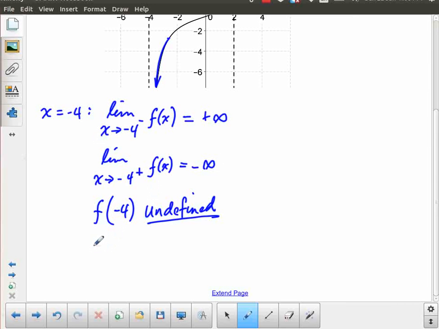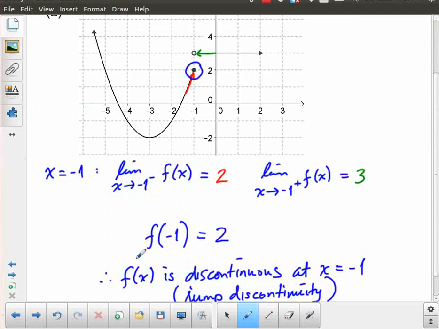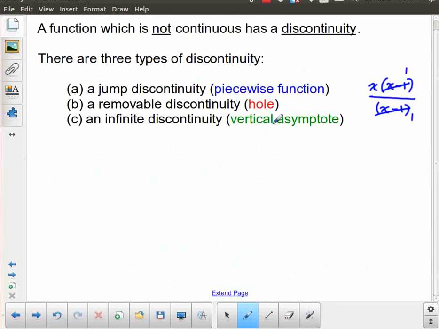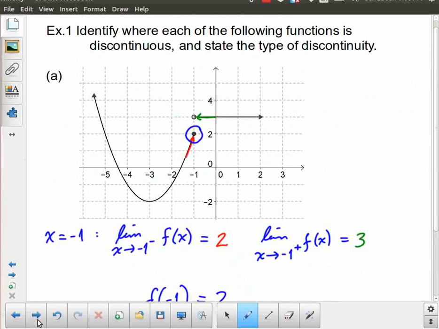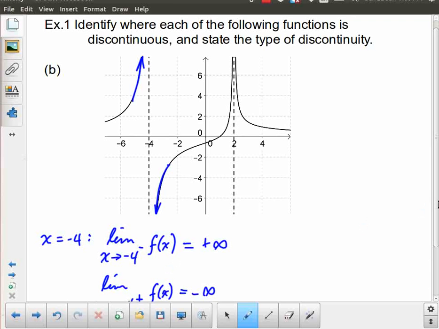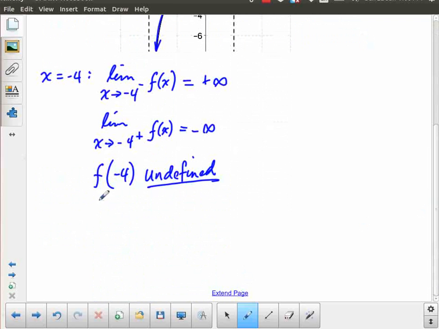So it is not continuous, and in this case we have a vertical asymptote, which is an infinite discontinuity. So therefore, we have an infinite discontinuity at x equal -4.